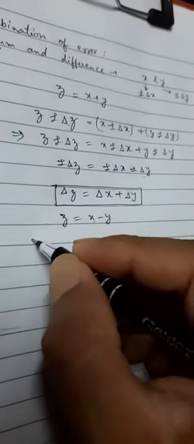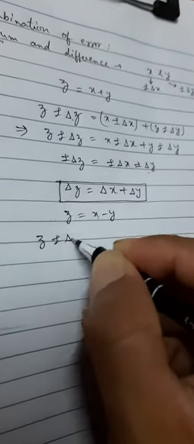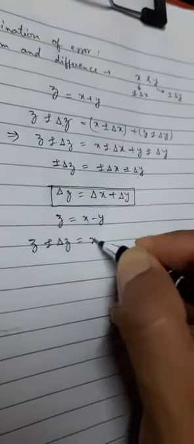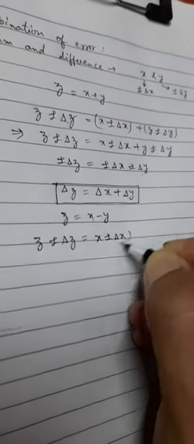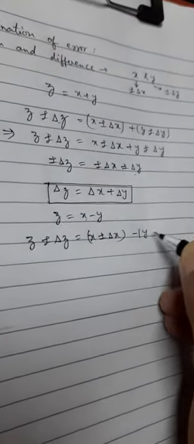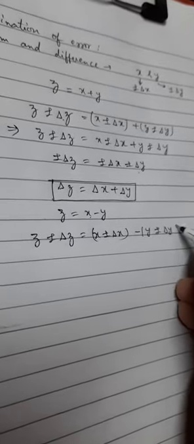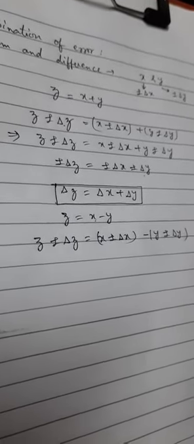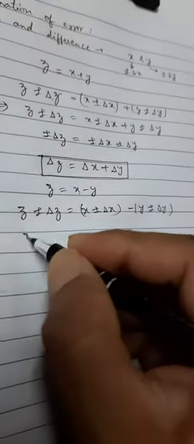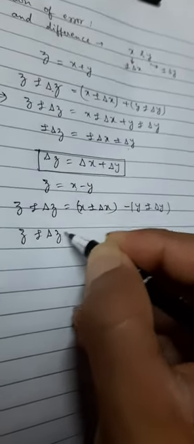So I can write z plus minus delta z is equal to x plus minus delta x minus y plus minus delta y. Now I am going to open this bracket here. So we can write z plus minus delta z is equal to x plus minus delta x minus y minus plus delta y.